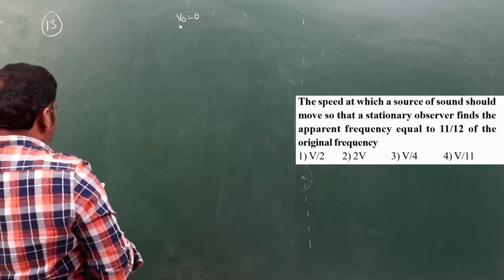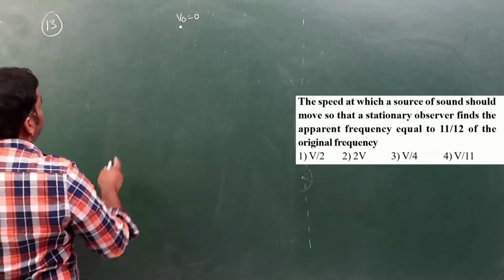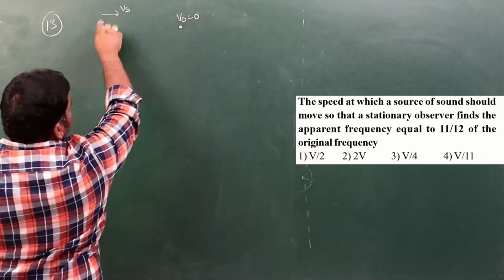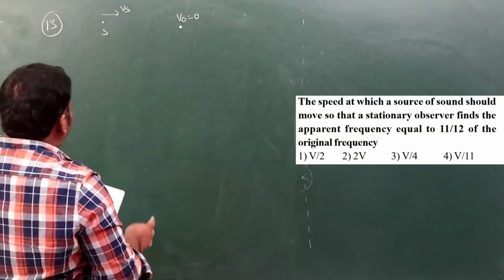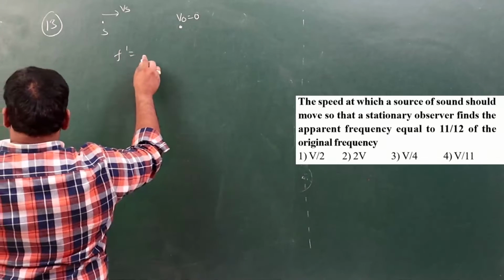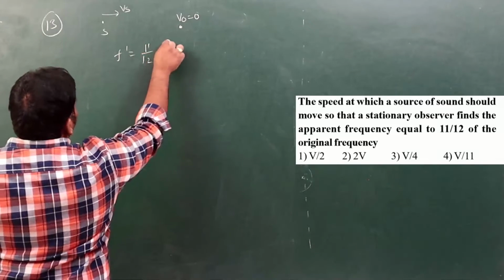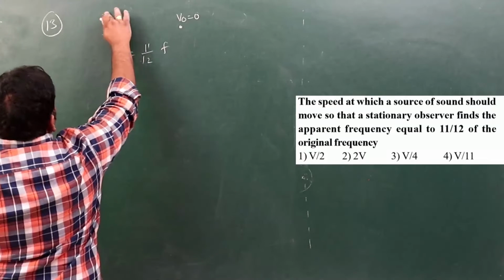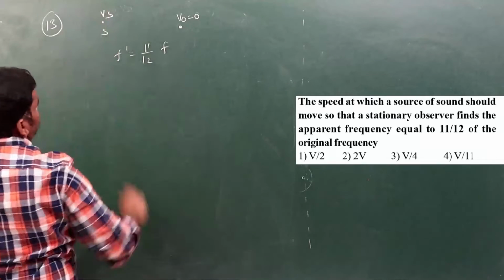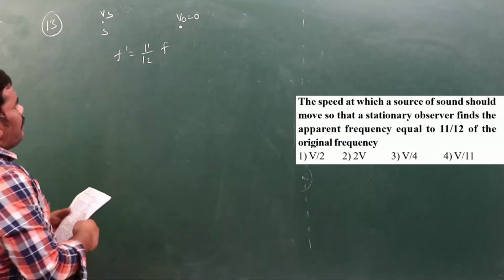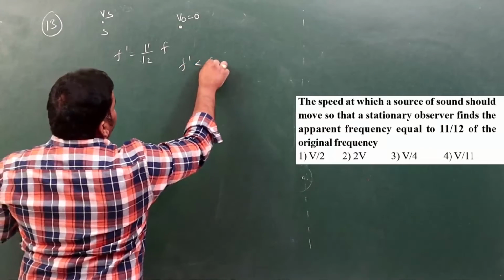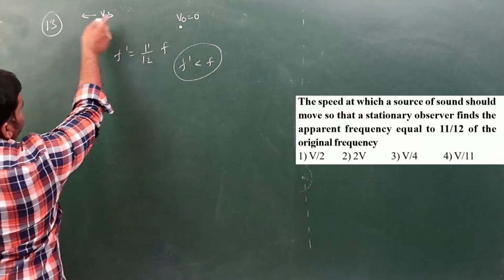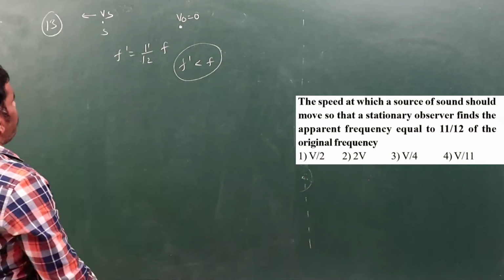Here the apparent frequency f dash is equal to 11 by 12 times f, but no direction of motion is given. Here the apparent frequency is less than the original frequency, so the source is moving away from the observer.